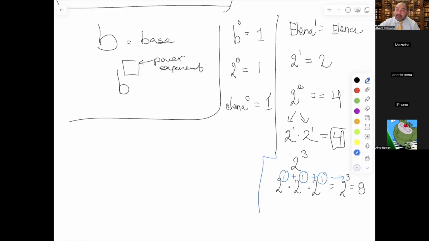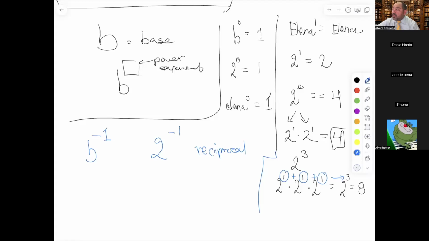Anybody remember what happens when you have a negative power? Nobody remembers? Do you subtract it? Let's say I have b to the negative 1 or 2 to the negative 1. Or do you divide it? I have to do the reciprocal. Let me write that down. Reciprocal.